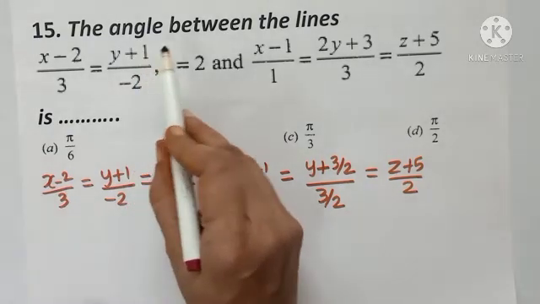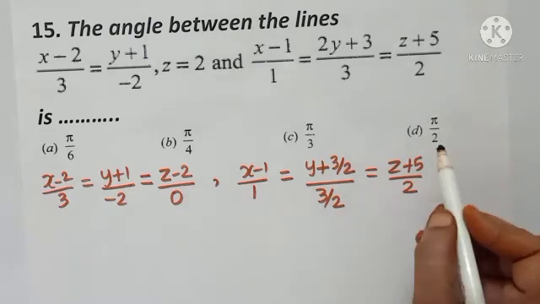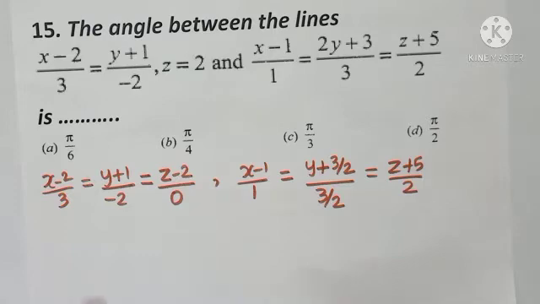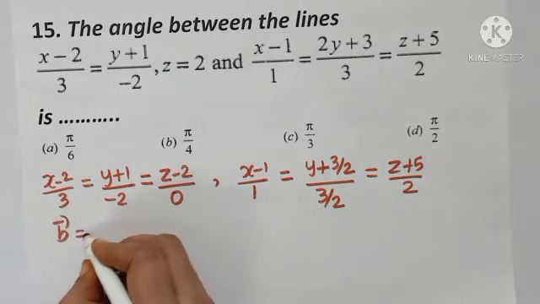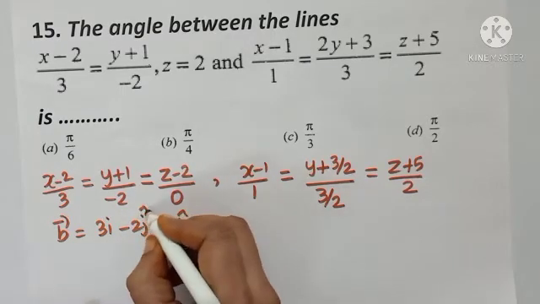For finding the angle between, my first condition is to check whether direction dot direction becomes 0. If so, I can immediately say pi by 2. So consider this direction as B vector, 3i minus 2j plus 0k.